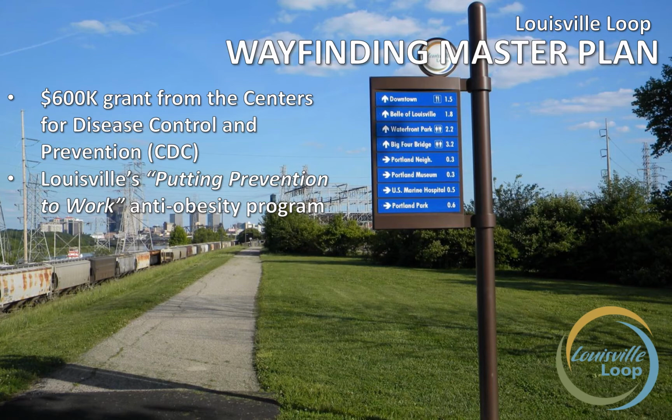In partnership with the city's health department, a grant application was put together emphasizing putting prevention to work, trying to encourage the community toward healthier ways of eating, living, etc., to overcome some of the maladies of sedentary lifestyles, the higher percentage of poor health outcomes, obesity and heart disease, etc. And the project was awarded $2 million to put together the master plan, institute the signage, in addition to a couple other small planning projects along the loop route.